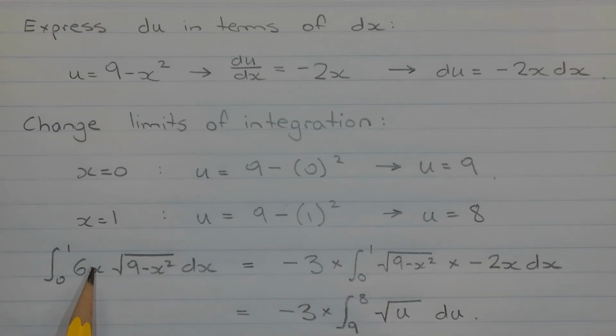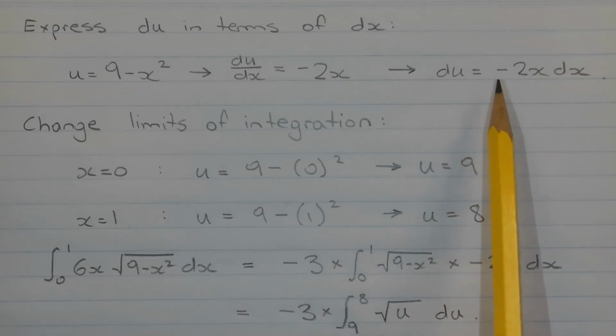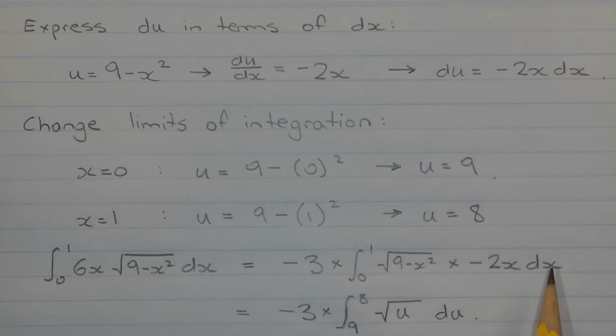What I've done there is to break up the 6x into a product of two terms, negative 3 times negative 2x. And the reason for that is I want a negative 2x dx to appear here. If we go back to this equation here, du is equal to negative 2x dx, we can replace negative 2x dx with du, and we'll need to do that shortly.